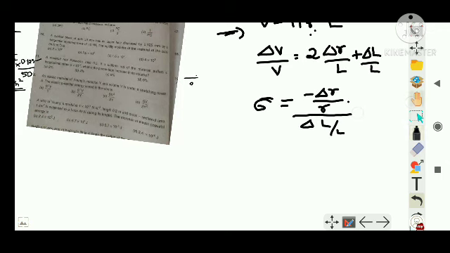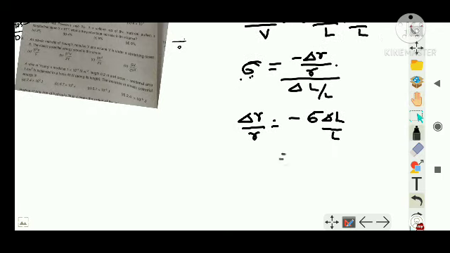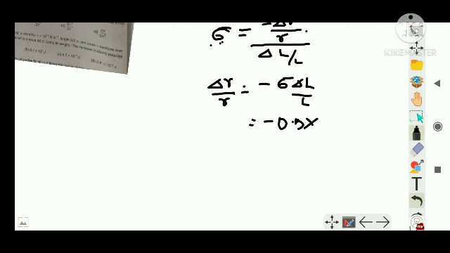That is Poisson's ratio. Most of the time it is represented by sigma, just like our stress. So from here I can write delta R by R is equal to minus sigma delta L by L. Now the sigma is given as 0.5, and delta L by L, the length change, is given as 2 into 10 to power minus 3.